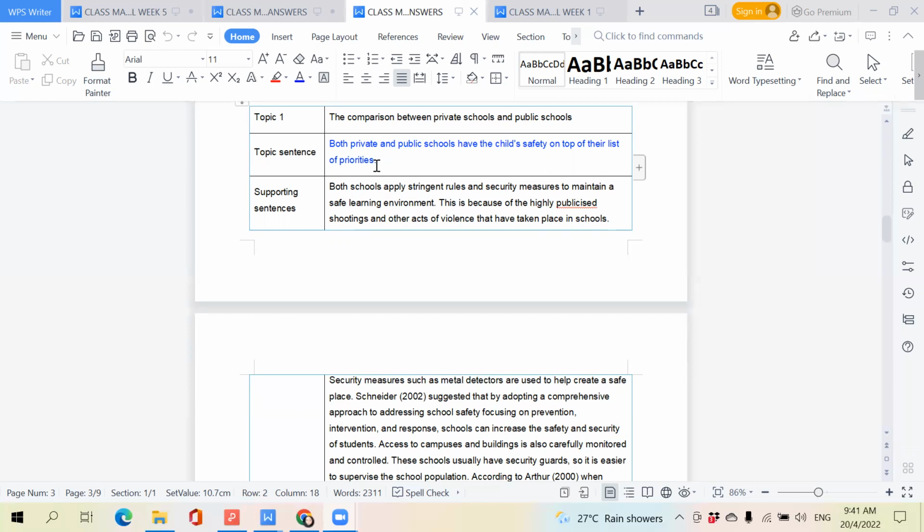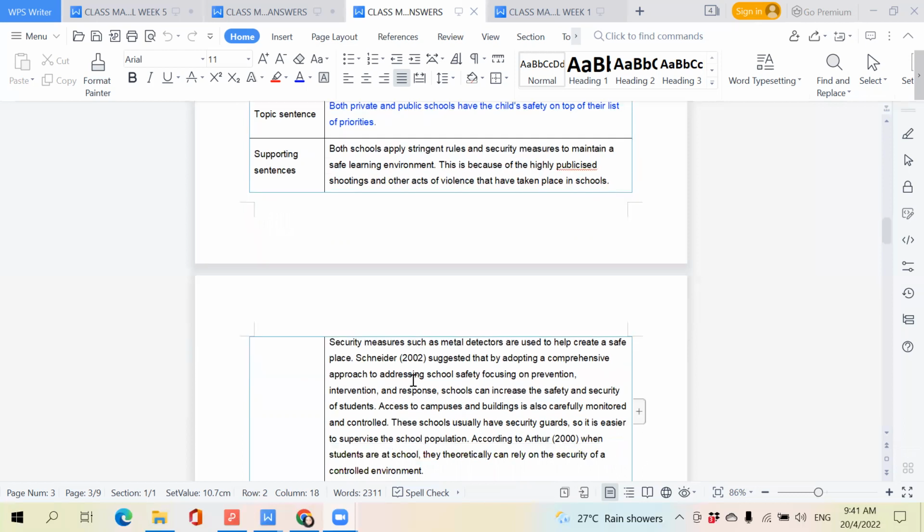Okay, there will be some part where you will have to do a paraphrased text. For example, if you are referring to other people's work, such as this one, Schneider, then you cannot just copy and paste from the person's work onto your paper, and that will be plagiarism. So you have to paraphrase. What is paraphrase? Simply changing the sentence structure or rewriting it in a different way in order to deliver the same meaning.